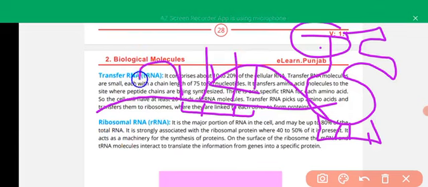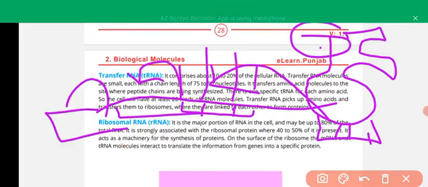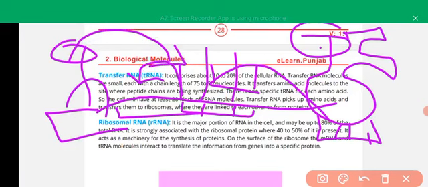Then it moves to the P site, then it moves to the A site, and when it is at the A site, its amino acid is transferred to the next amino acid on the transfer RNA that is occupying this site.